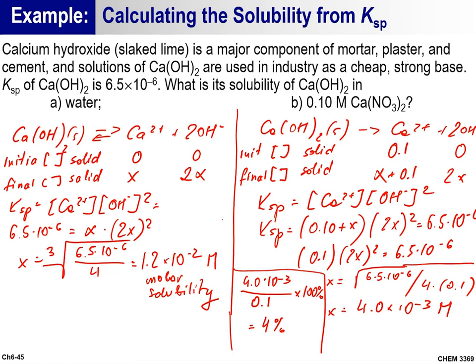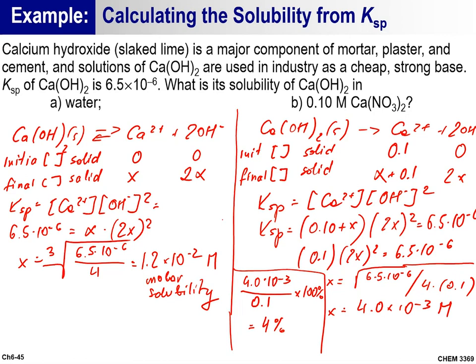And as long as the value of x is less than 5% of 0.1, this approximation is justified. You will not introduce a large error in calculating x, okay? Now, why 5%? Oh, well, that's much more difficult to explain. But usually, the values of KSP that are listed in these tables are not accurate.